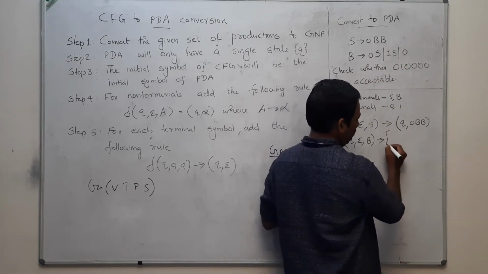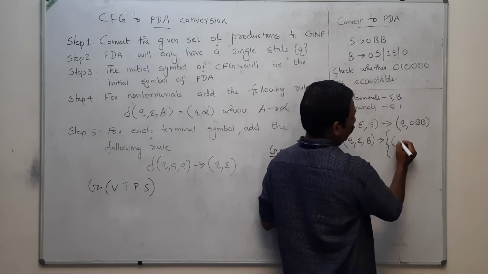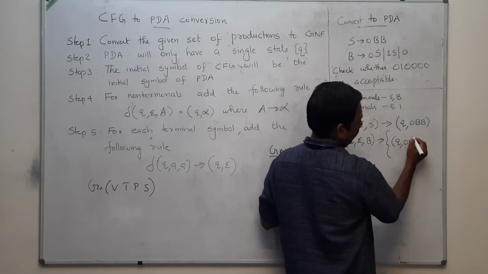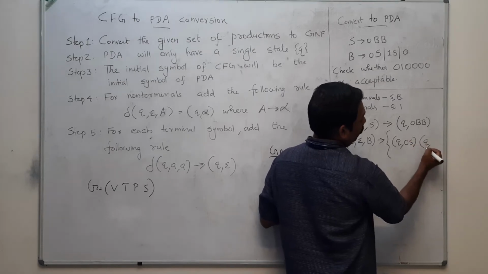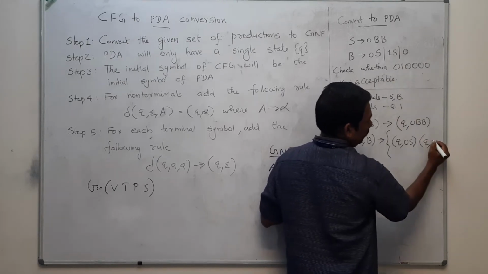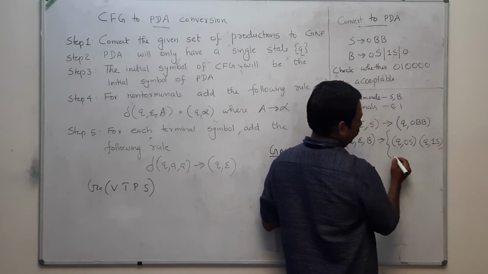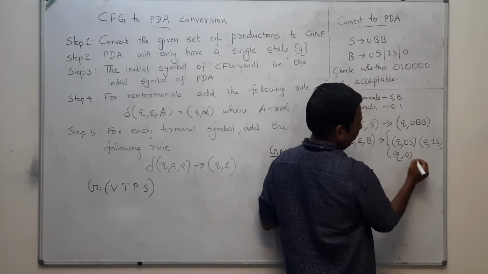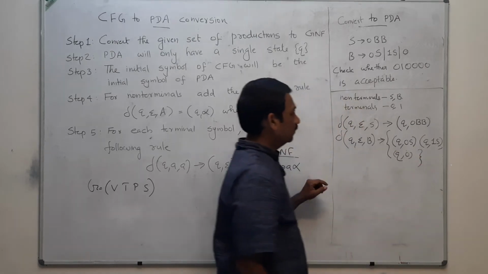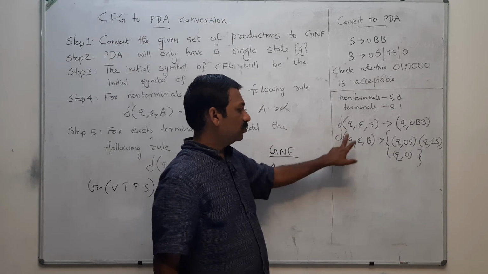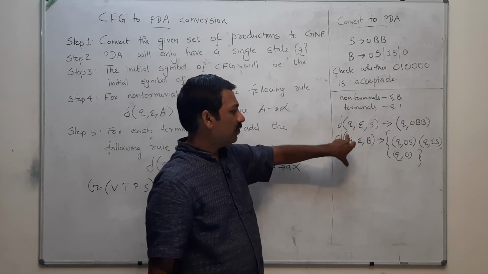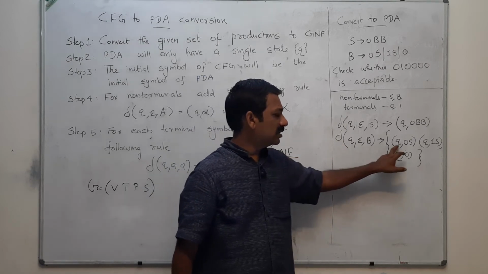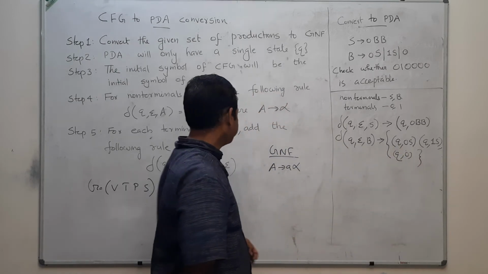Now you have a set which is Q comma 0S, Q comma 1S, or Q comma 0. So this is another move, this is another move. This is a move, and this also is another move. This is non-deterministic, that means three possibilities are here.